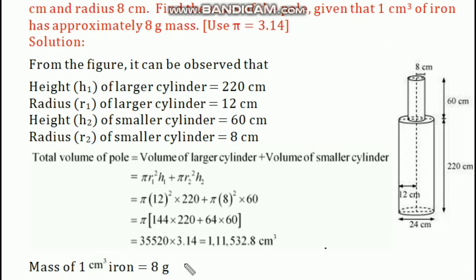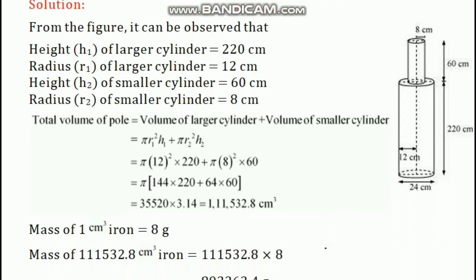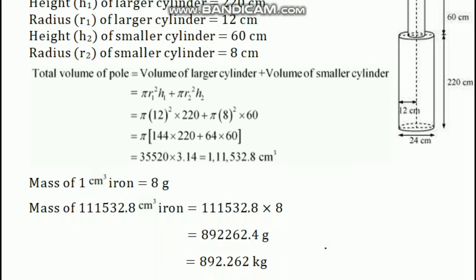So we know how to find the mass. The mass of 1,11,532.8 centimeter cube of iron is 1,11,532.8 into 8 gram. So the mass of iron is 892.262 kilogram.